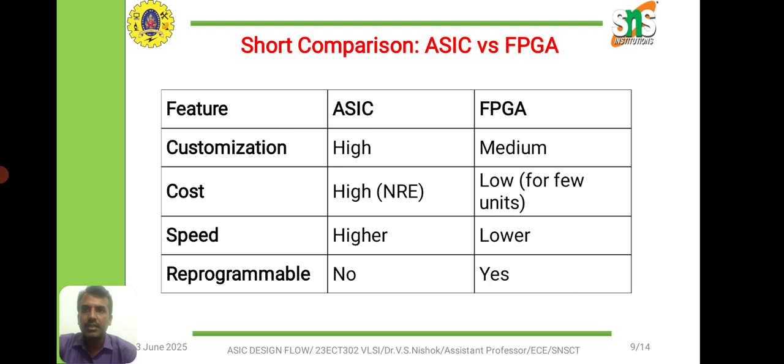Whether FPGA is reprogrammable, yes, but ASIC is non-reprogrammable, what we have discussed in the first slide itself. Once it is programmed, it will be completely utilized for a particular application. That is why it is named as an application specific IC.